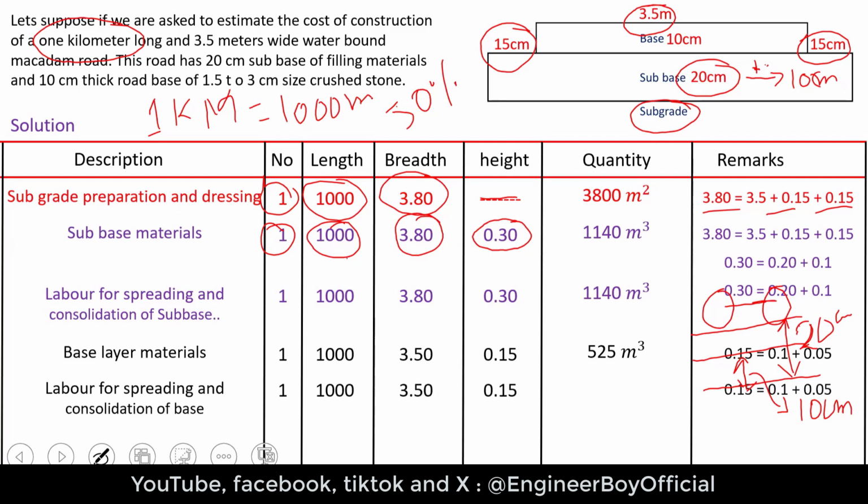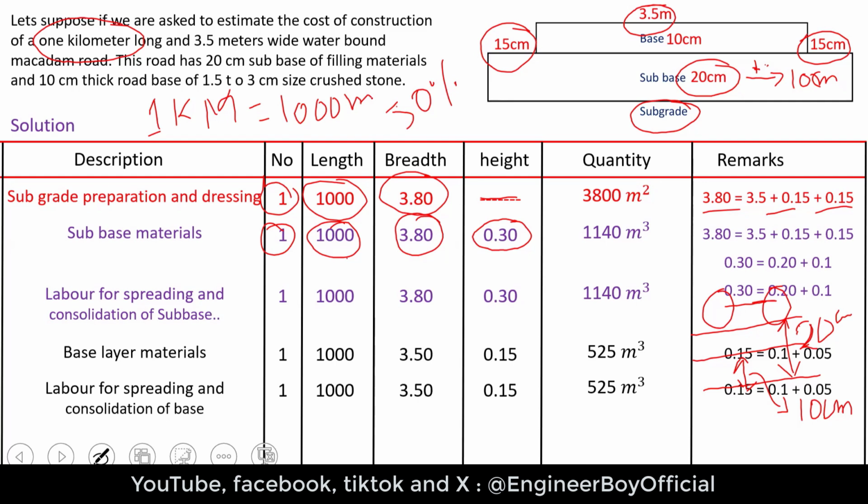So same quantity. And why the same? Because when you buy something, or if you have the same material, that material is just spread, okay? No extra material or no shortage of the material. So that's why we have the same quantity. And this is 525, okay?